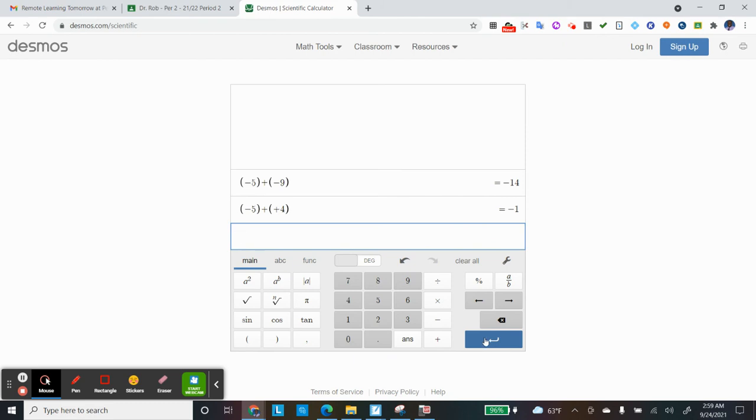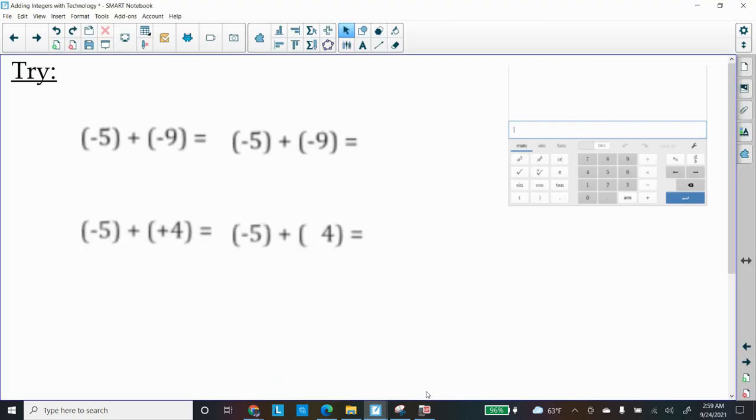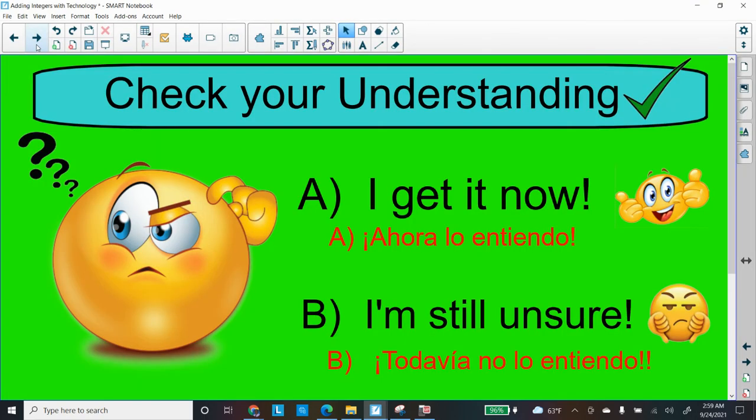So there's our answer of -1 for that one, as we got previously. So I hope you understand what's going on with both calculators. And if you don't, please write down your questions, bring them in, and we'll be glad to talk about them in class.